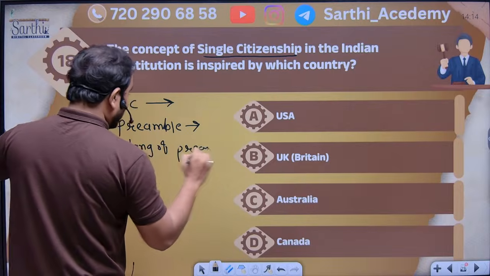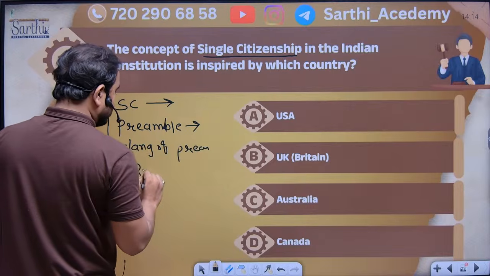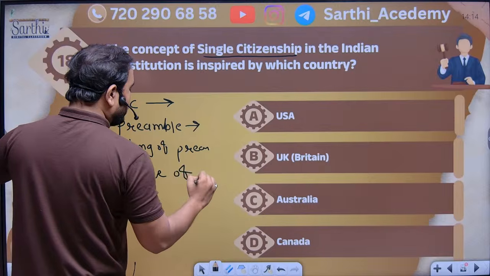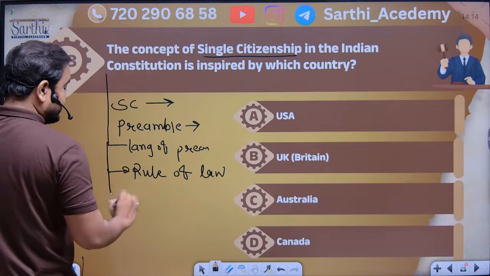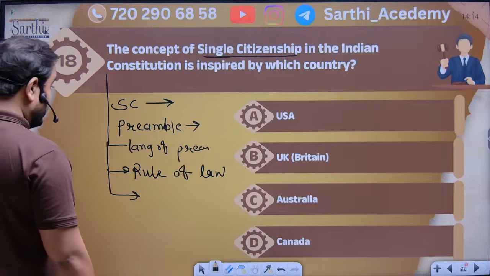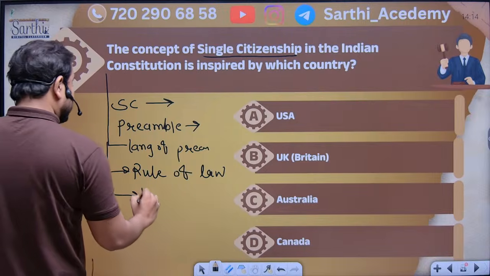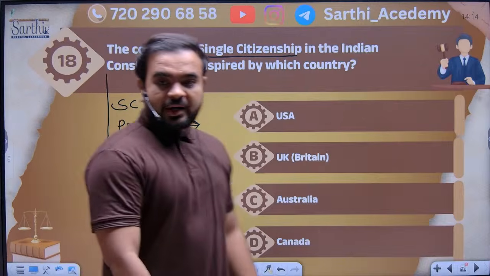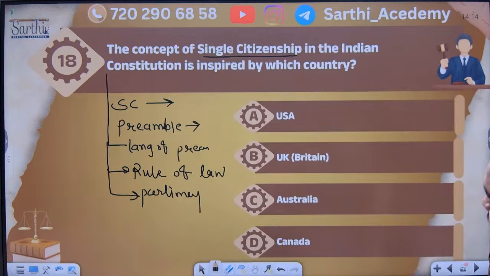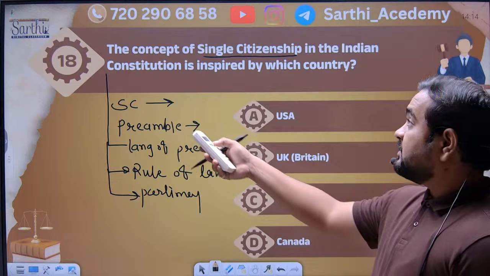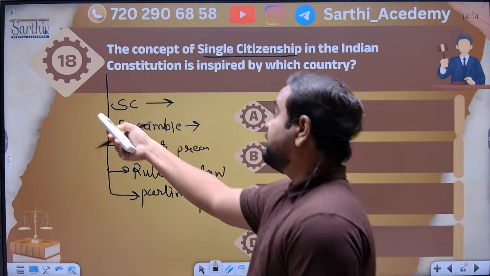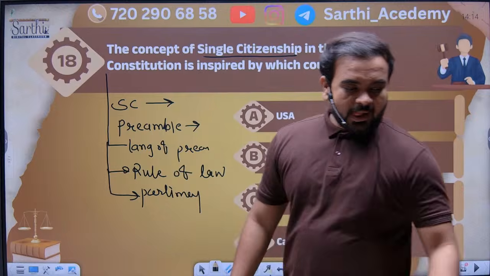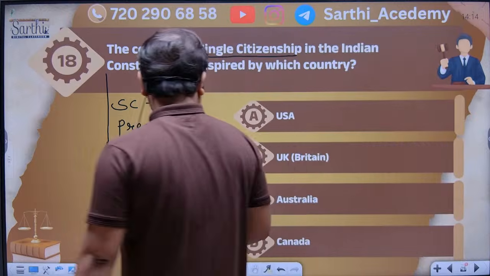Rule of law borrowed from which country? Parliamentary system in our country is inspired from which country? Please answer. Single citizenship is inspired from which country?